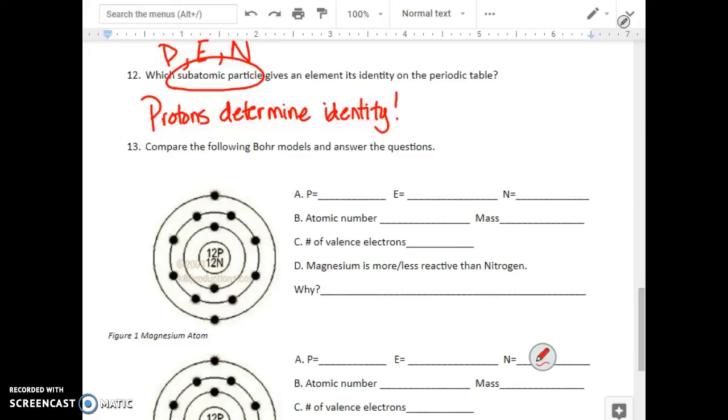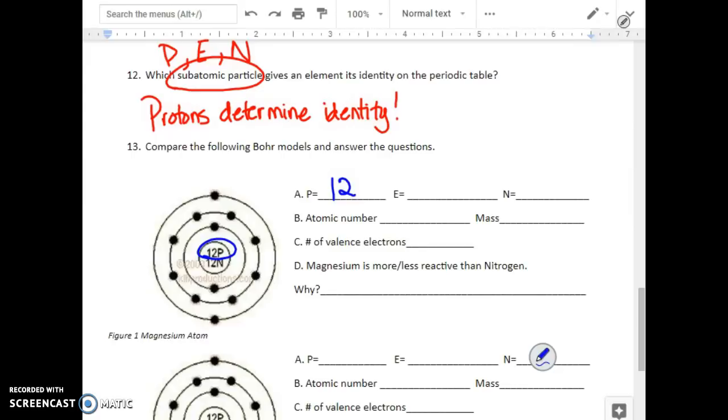Okay, number 13, compare the following Bohr models and answer the following questions. By looking at this and knowing that this determines the identity, 12 protons right here, I can look on the periodic table and know that number 12 is magnesium.